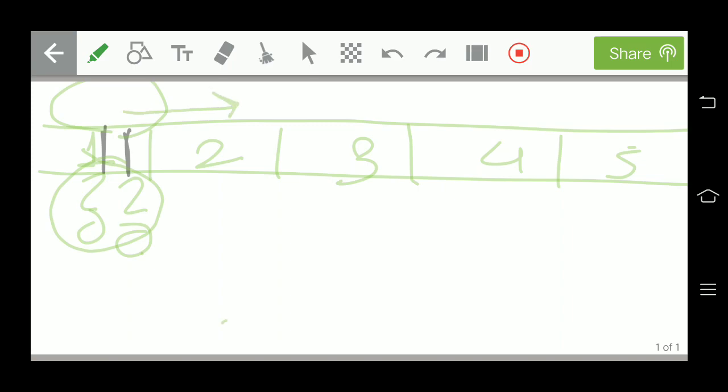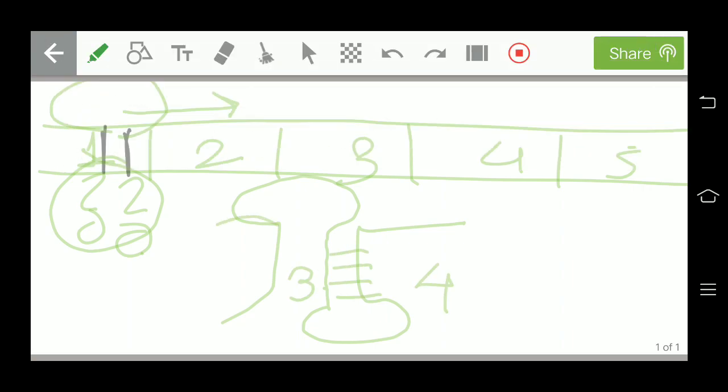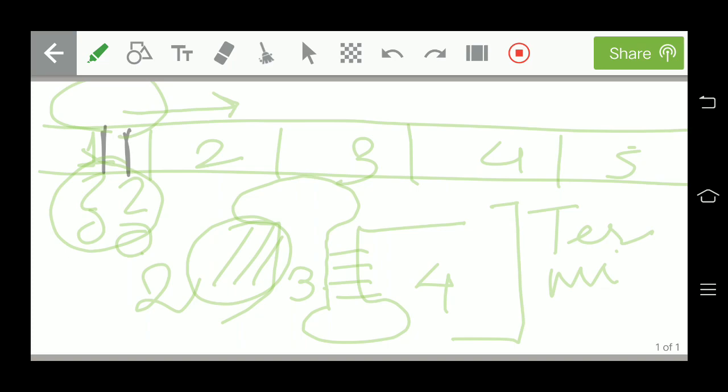As it moves from 1 to 2, 2 and 3 will not form the loop, rather 3 and 4 will form the loop, and you get to see the RNA polymerase somewhere in the 2 moving from 1 to 2. So 3 and 4 is forming the loop, and this is called your termination loop.